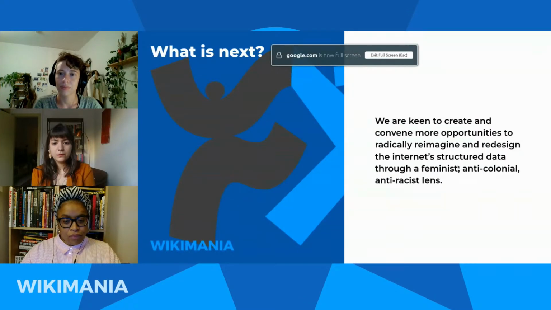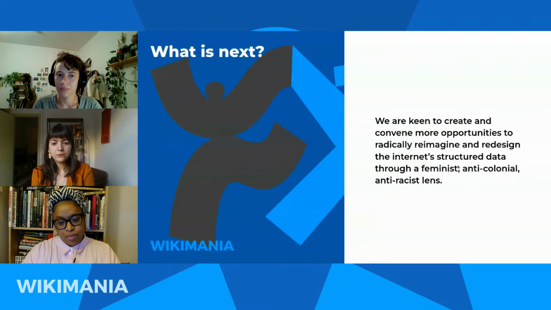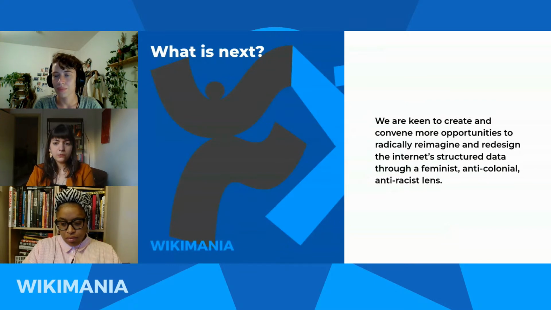The question is, what is next? Because we started the conversation in October last year, and of course, these questions and problems existed before the conference and the session of October. One of the main conclusions was that we need to create and convene more opportunities to radically reimagine and redesign the internet structured data through a feminist, anti-colonial, and anti-racist lens.